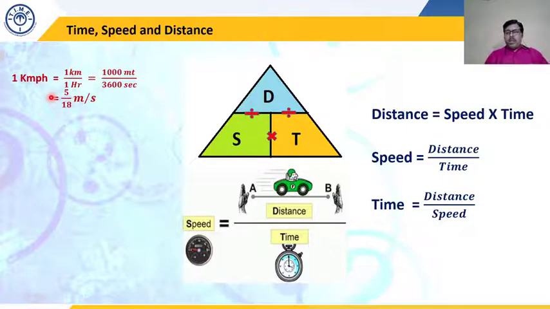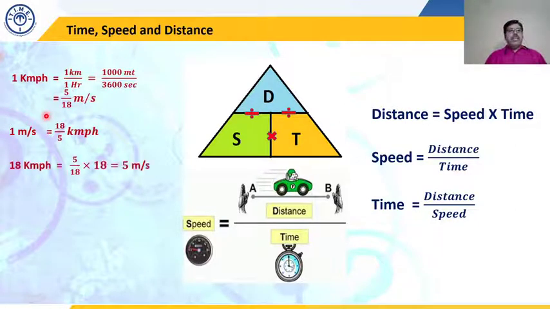Other way around, can I say 1 meter per second is equal to 18 by 5 kilometer per hour? So you can convert kilometer per hour to meter per second or meter per second to kilometer per hour.